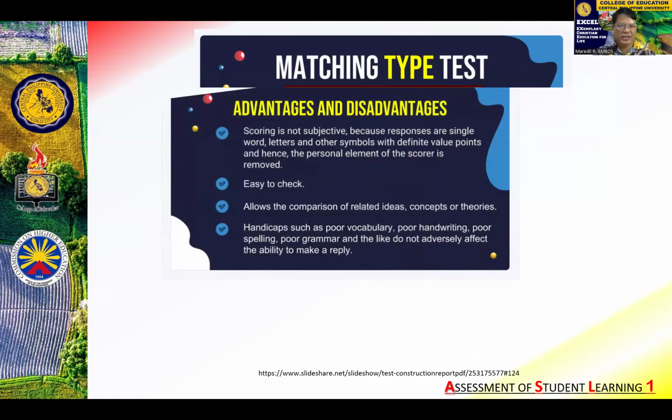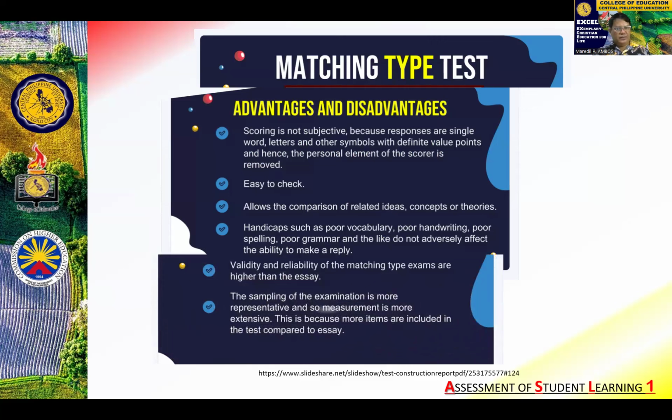Okay, for advantages, scoring is not subjective because responses are single words, letters, and other symbols with definite value points, and hence the personal element of the scores is removed. And it's easy to check. Then it allows the comparison of related ideas, concepts or theories, and handicaps such as poor vocabulary, poor handwriting, poor spelling, poor grammar, and the like do not adversely affect the ability to make a reply.